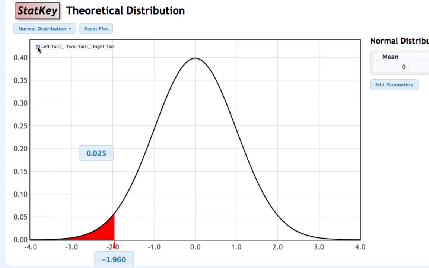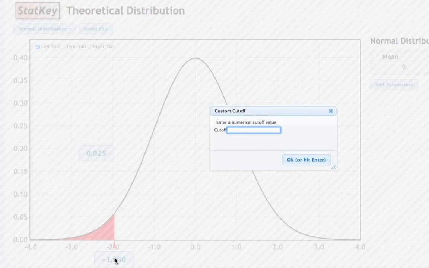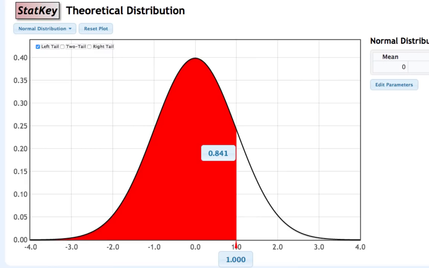The first example that we did in Minitab Express, we found the proportion of the normal distribution that was less than z equals 1. Let's do that again here. So we're looking for a proportion less than a given value, so it's a left-tailed test. We can click this value at the bottom to change it to positive 1. Now we can see that the area that is less than z equals 1 is 0.841.